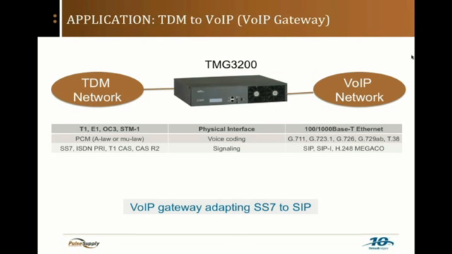So a device such as the TMG3200 here can easily convert between TDM and voice over IP for any of these physical interfaces or any of these vocoding techniques, as well as any of these signaling protocols.